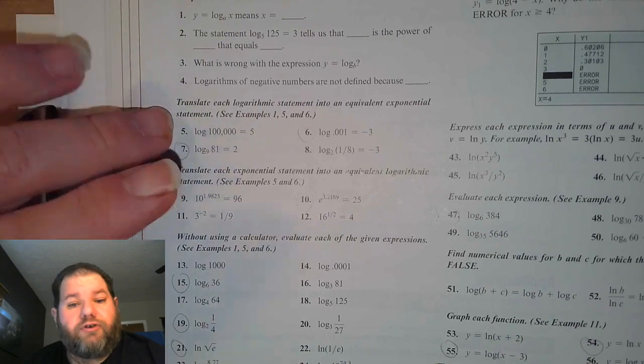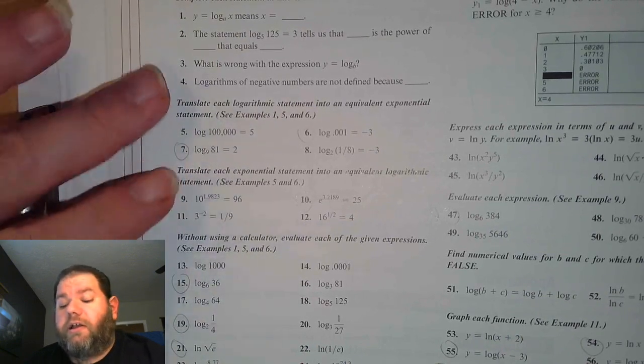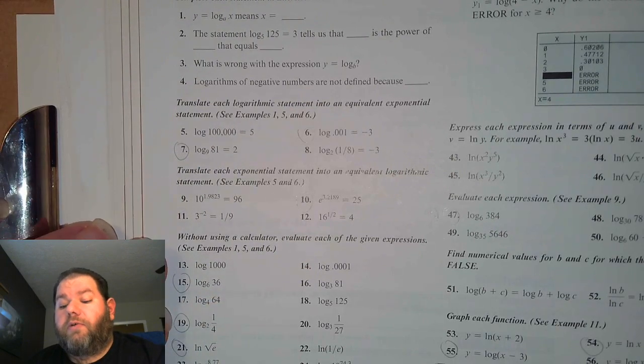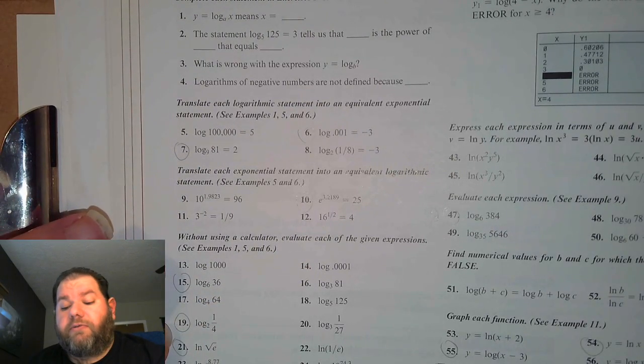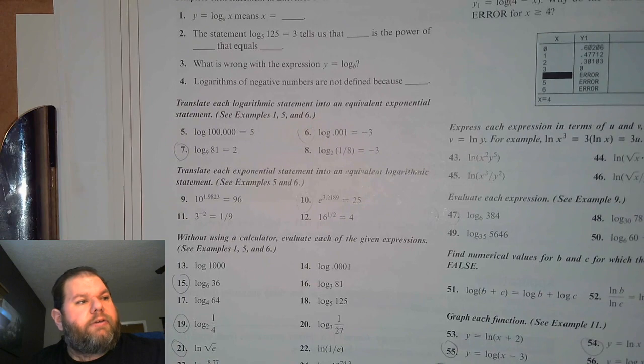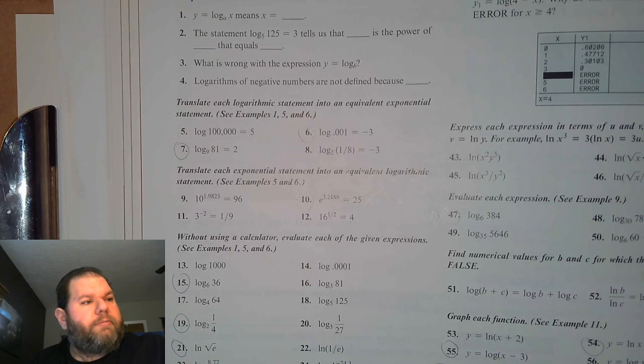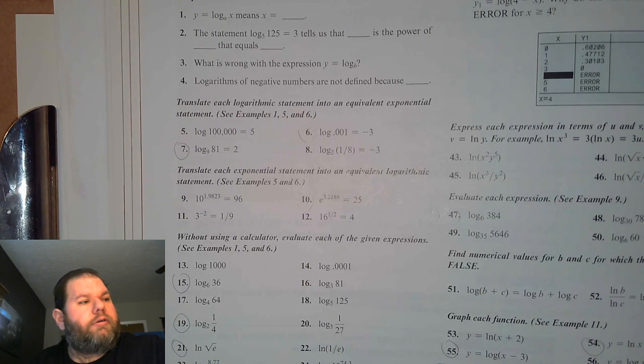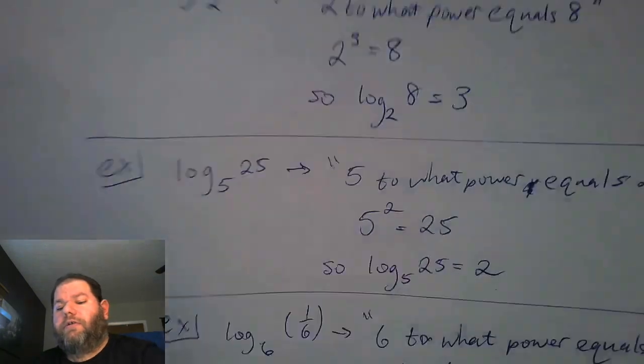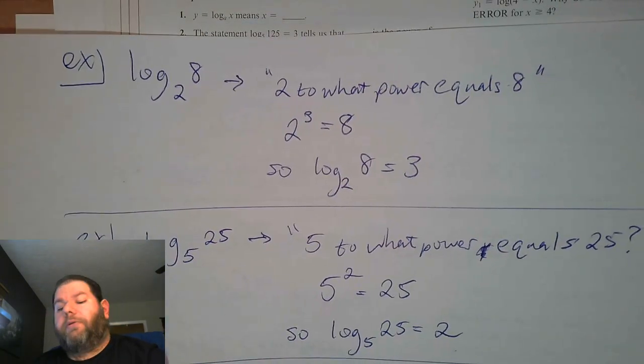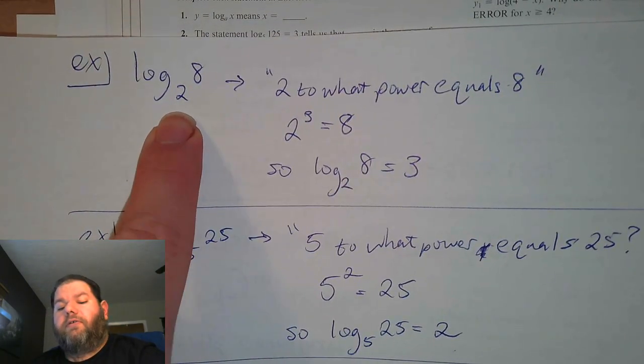So that's our conversion formula right there. And these they want us to find without using a calculator, which means it goes back to what we were talking about before, right here, where we thought about, okay, this to what power equals this number.